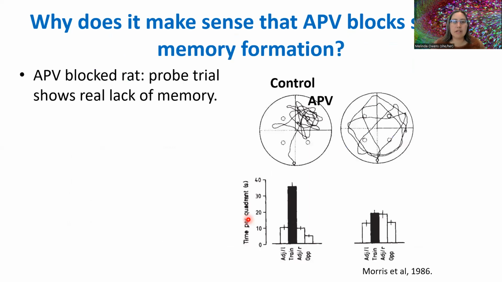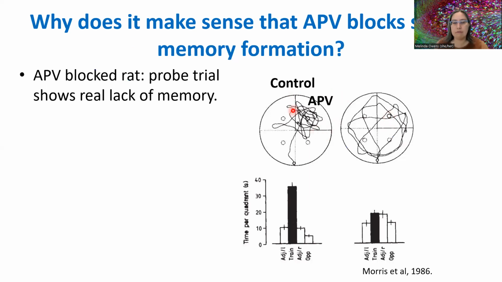So looking back, we talked about how applying APV to mouse or rat hippocampus blocks spatial memory formation. These are the probe trials from the water maze, and it's showing that if you applied APV during training, the rat just goes wherever. It doesn't actually know where the platform is. It doesn't spend its time near the platform searching for it. In the probe trial, the platform isn't there.